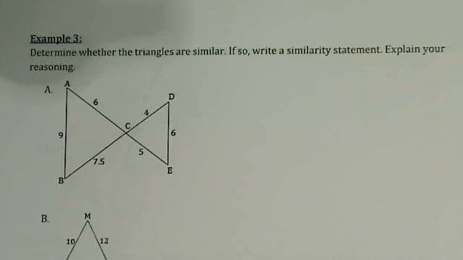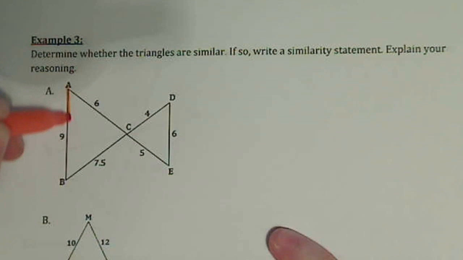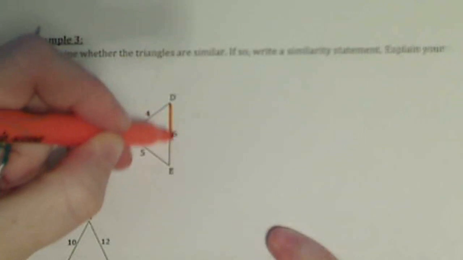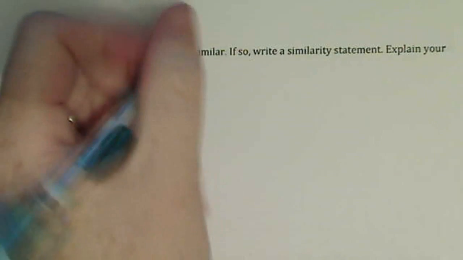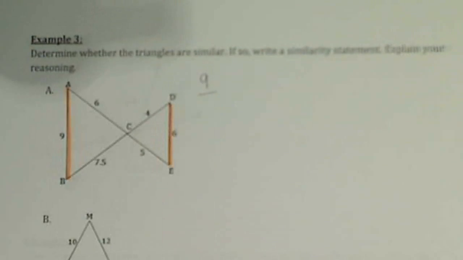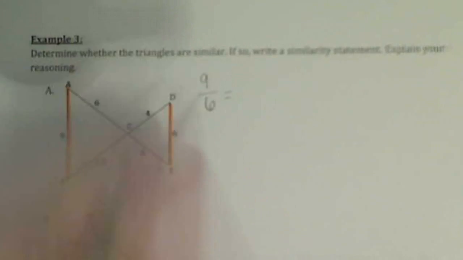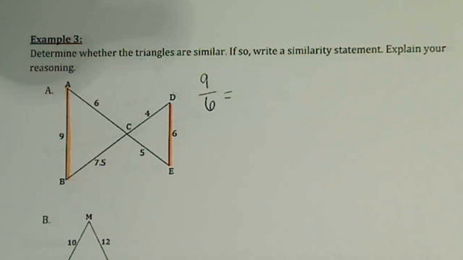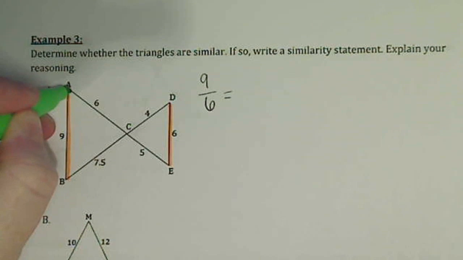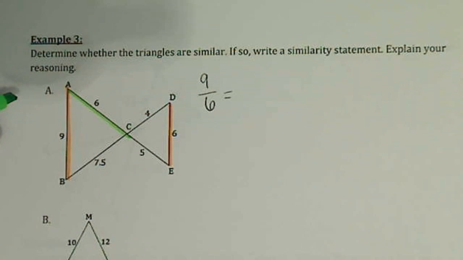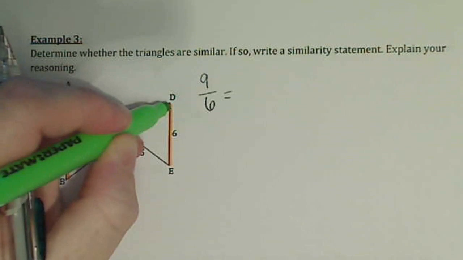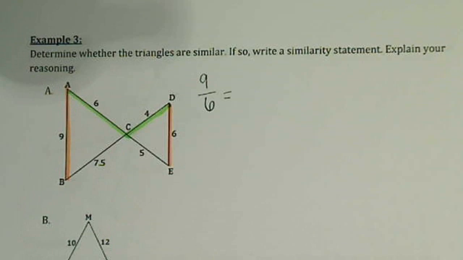So I've got this side right here, AB. Its corresponding side is over here, DE. So let's set that up. 9/6. Let's see if that's proportional to this side right here, AC, which corresponds to DC.